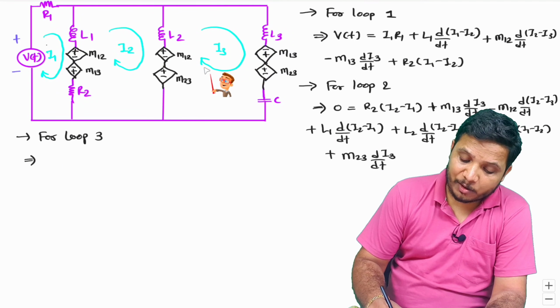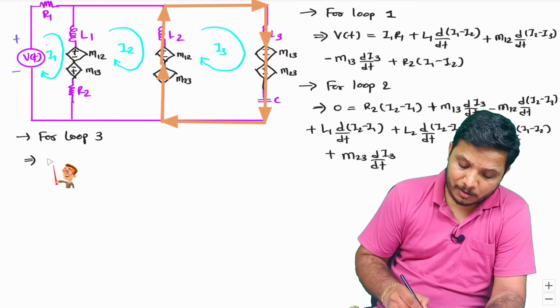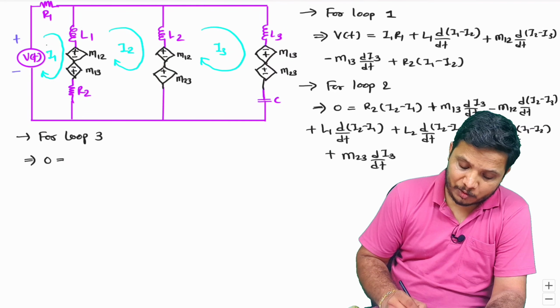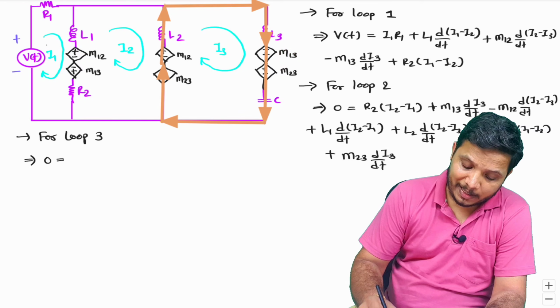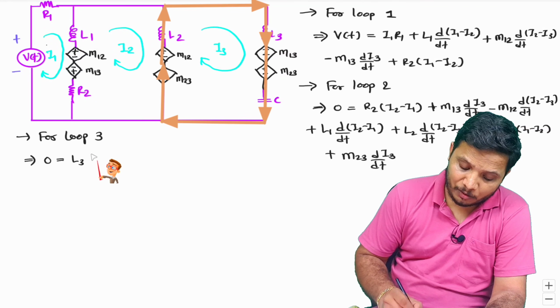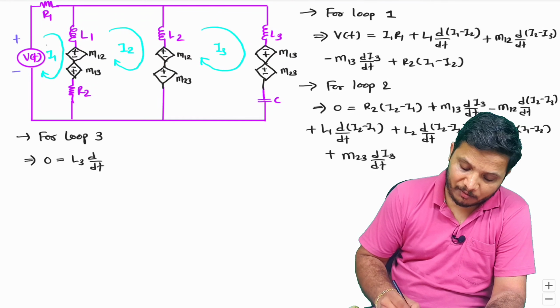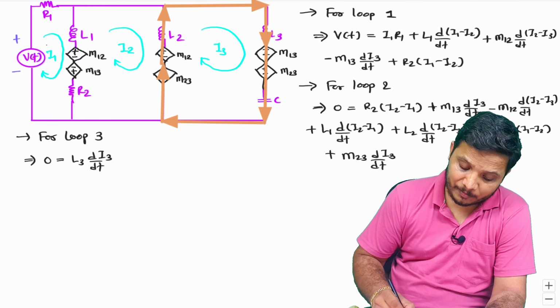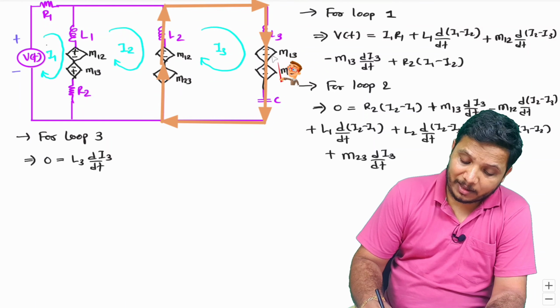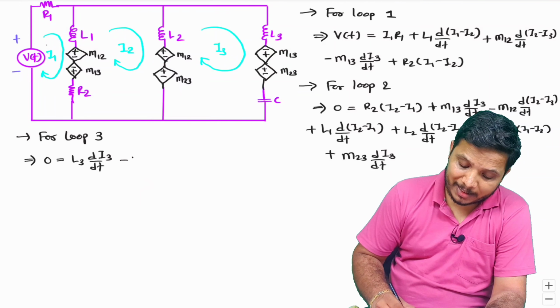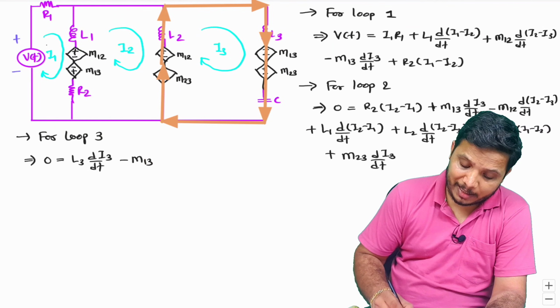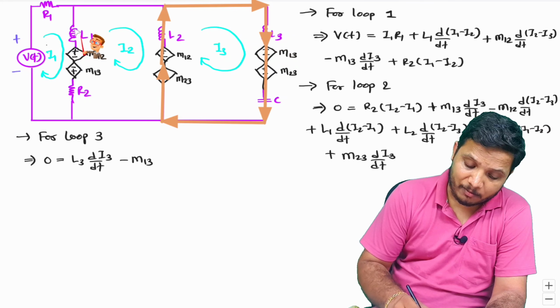Now in loop 3 we don't have any external source, so I need to write 0 is equals to, now you see if I start from here L3, then L3 into d by dt of current through L3 is I3, so I am writing I3. Then M13 comes, which is having polarity minus, so minus M13, it happens in between 3 and 1.